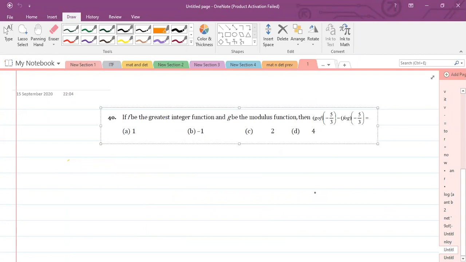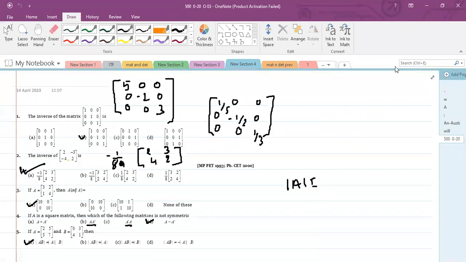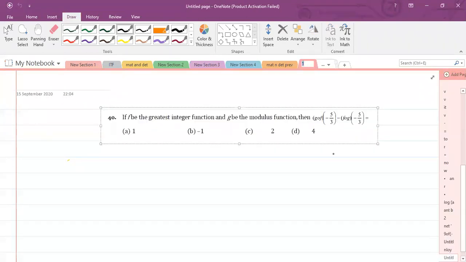Next question. If f be the greatest integer function and g be the modulus function, then gof of minus pi by 3 minus fog of minus pi by 3 is equal to?